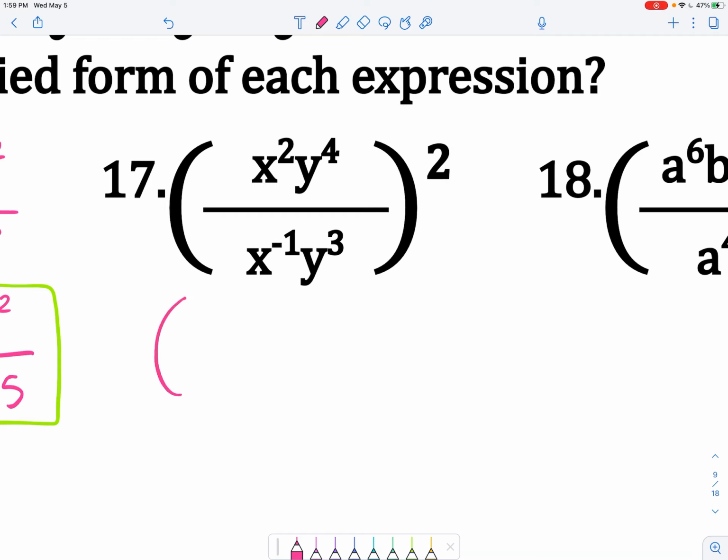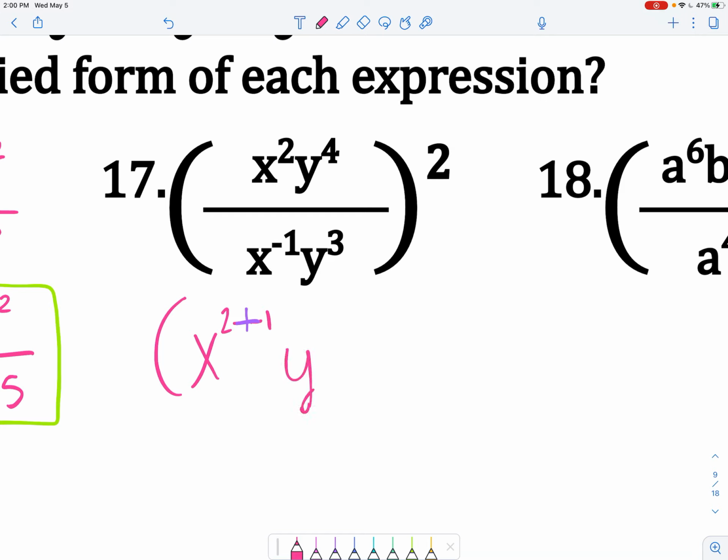So on the inside of my parentheses, I can treat the bases as if they're now in a numerator position when I use my property that says if your bases match, subtract the exponents. So I'm going to write base x as if it's in a numerator position and subtract my exponents. And I'm doing 2 minus a -1. This turns to a plus.